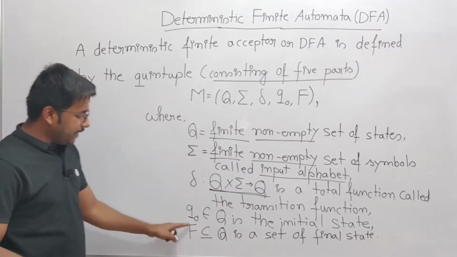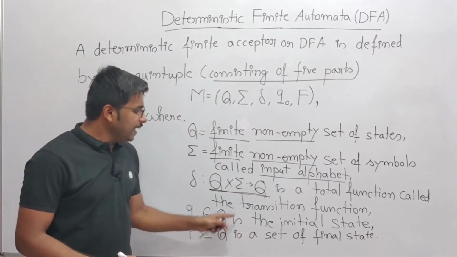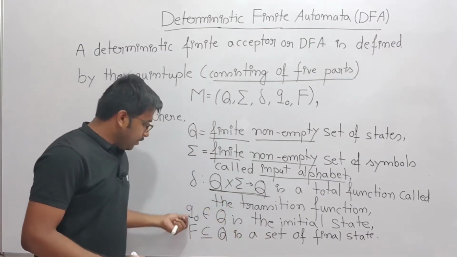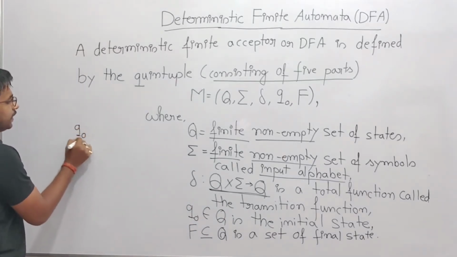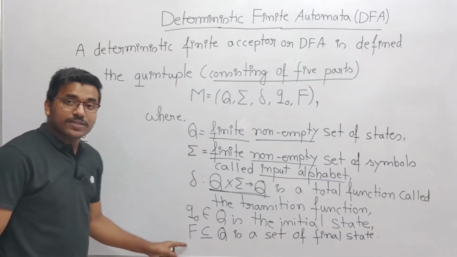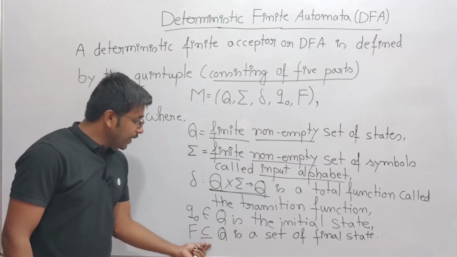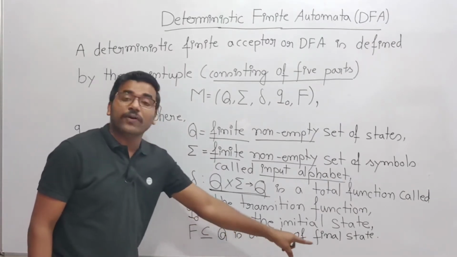Q0 belongs to Q and is the initial state. Here we are representing the initial state by Q0. And F is a subset of Q, the set of final states.